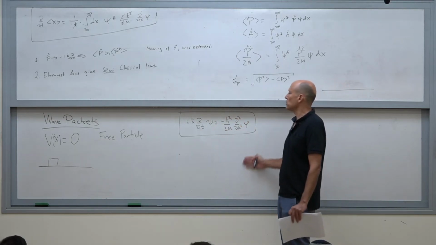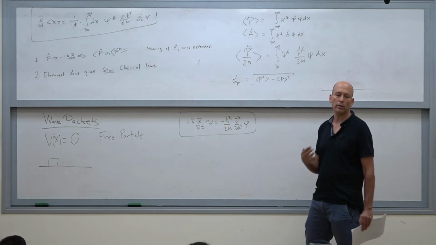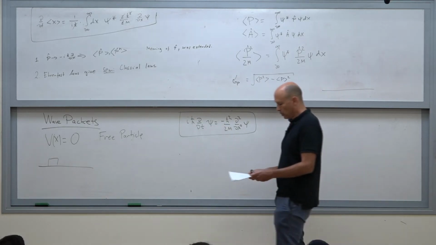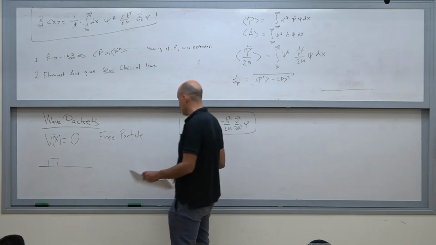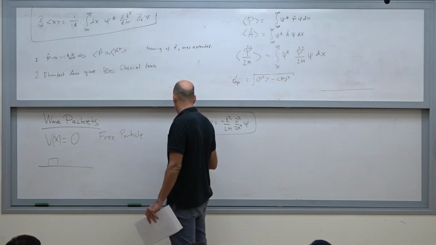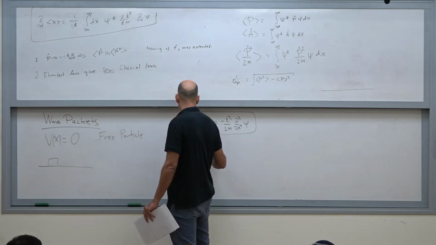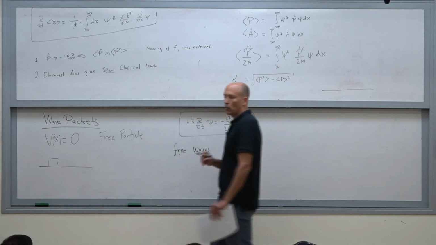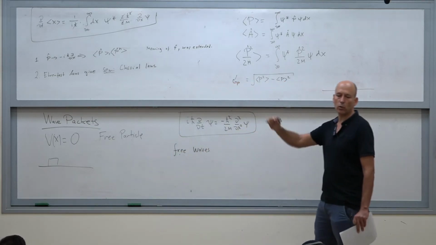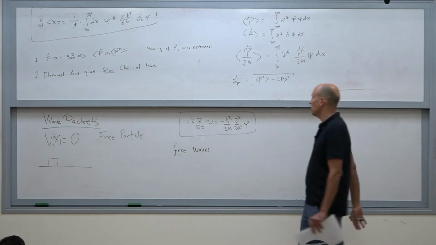And you remember we actually started with this because we know what the free waves are here, because this is how we constructed the wave function. The free waves, what I mean by free waves are just oscillating waves from minus infinity to infinity.